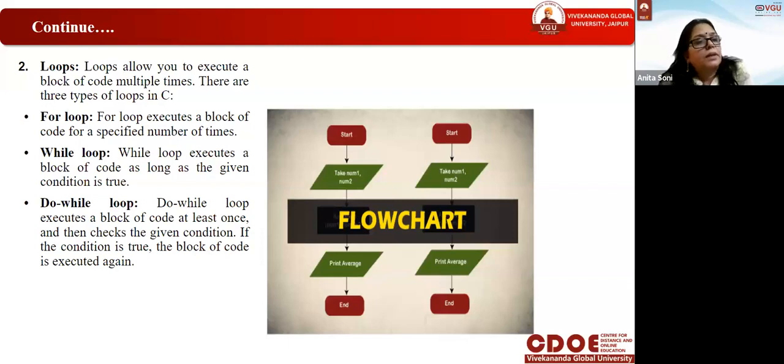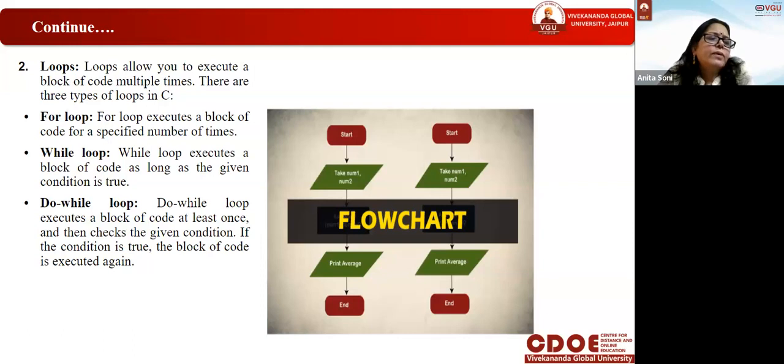Another is the end statement, the termination of the loop. And third is the loop counter statement. I will explain how we use these three instructions and where we place them in the while loop, do while loop, and for loop.